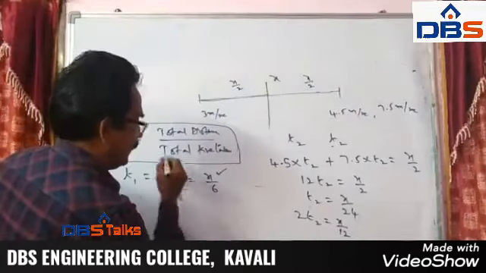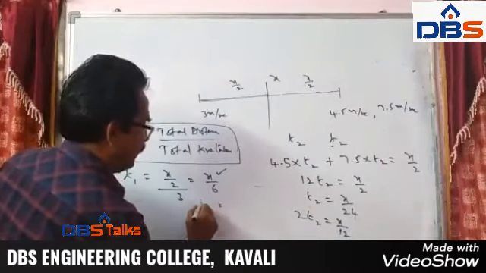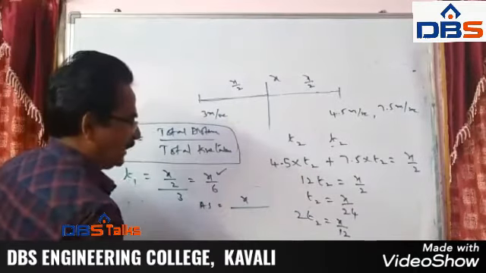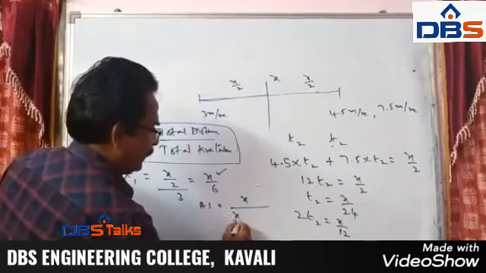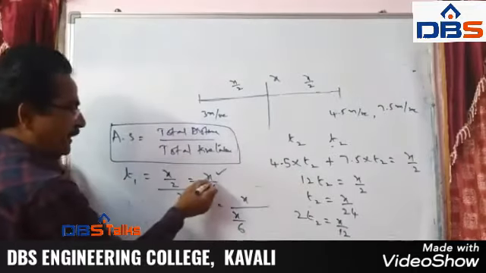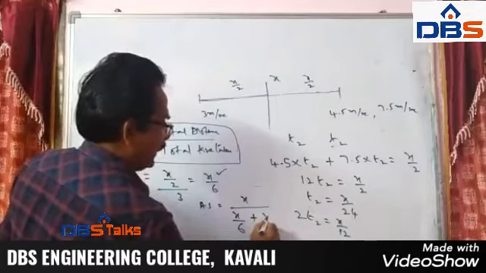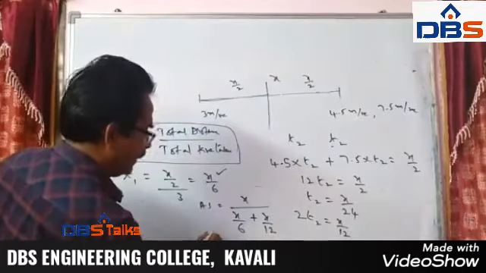Average speed is equal to total distance x by total time taken. This is the time taken to travel the first half and this is the time taken to travel the second half.